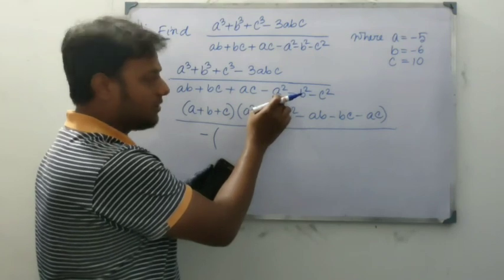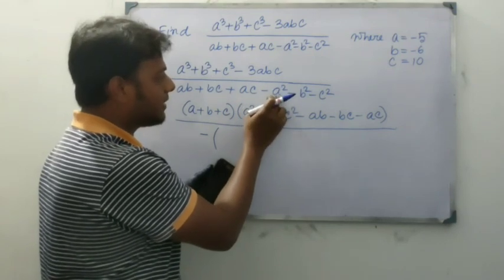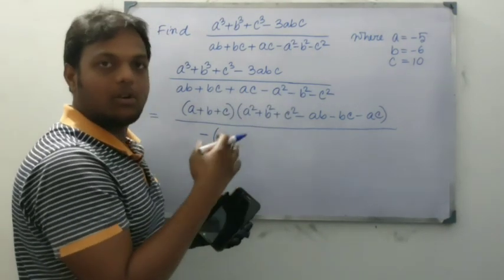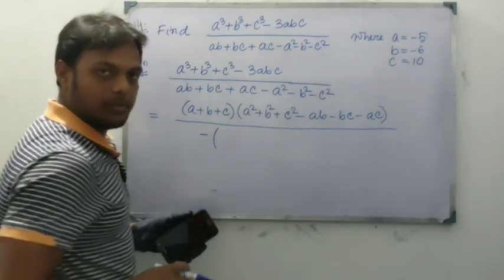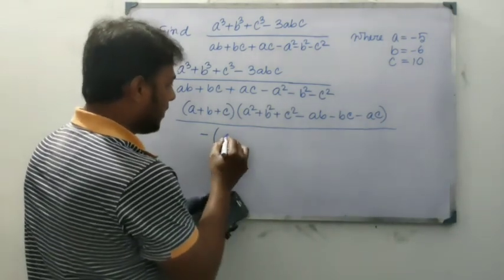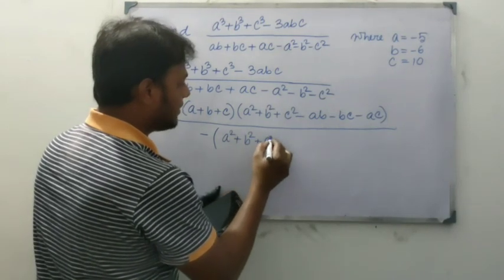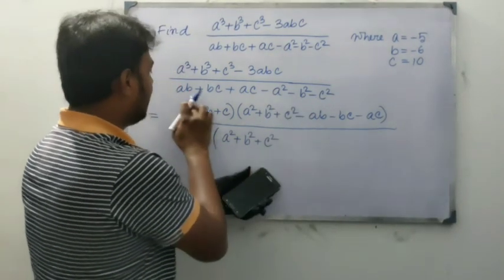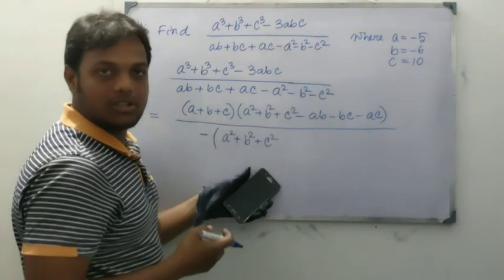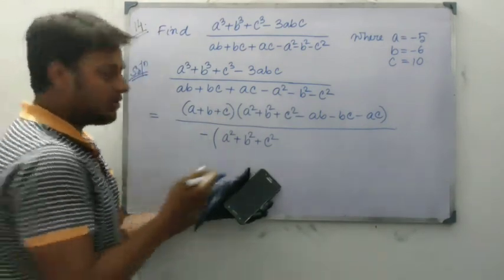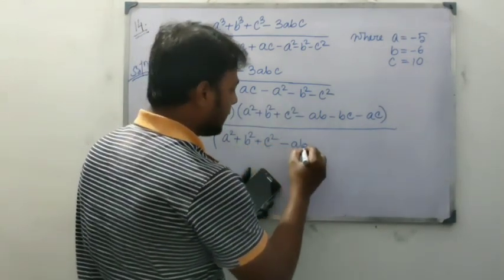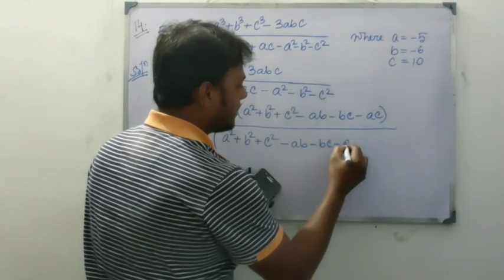So minus a² will be plus a², and all plus will be minus and all minus will be plus if we take minus 1. So it will be a² + b² + c², since they were negative, and after that ab, bc, ac were positive, since we have taken minus common, it will be negative: minus ab minus bc minus ac.